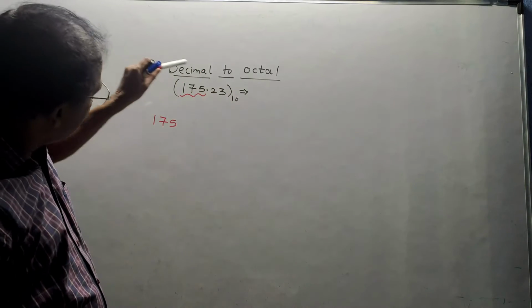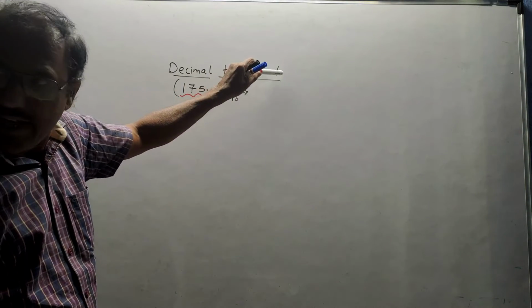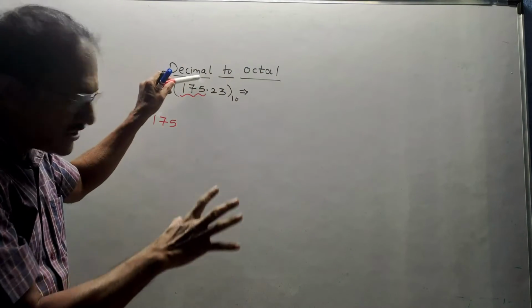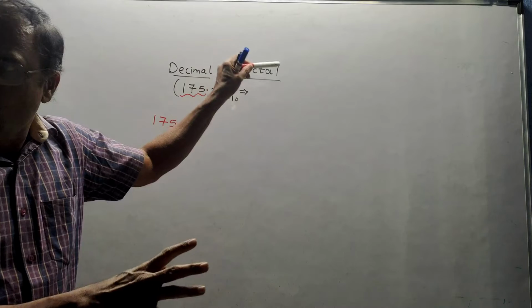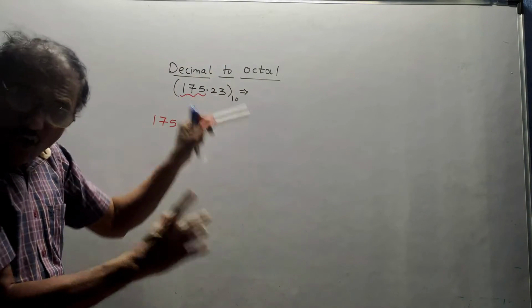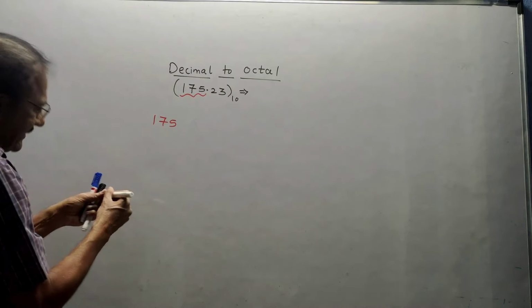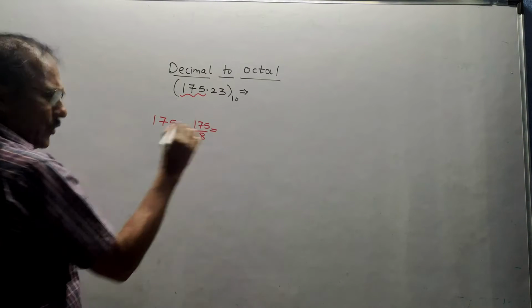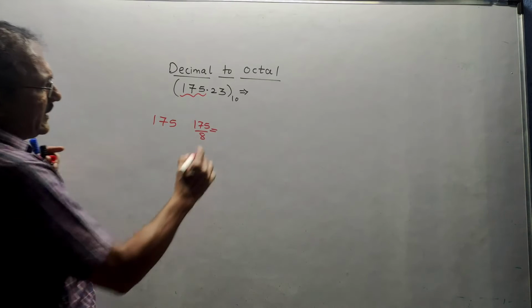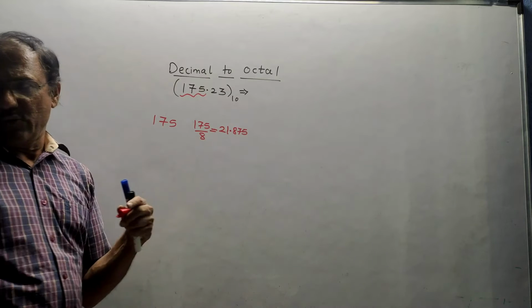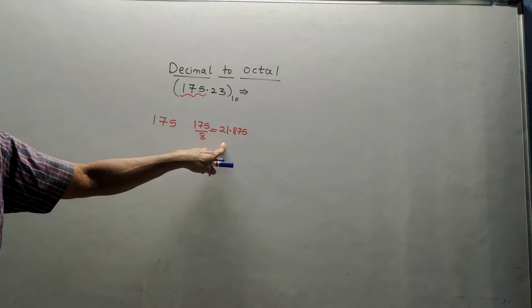What we did while converting decimal number into binary, every time we divided the number by 2. Here the conversion is from decimal to octal, so divide it by the number 8, because octal has base 8. So I will write it like this: 175 divided by 8. Do it on the calculator. On the calculator, you will get the answer 21.875.